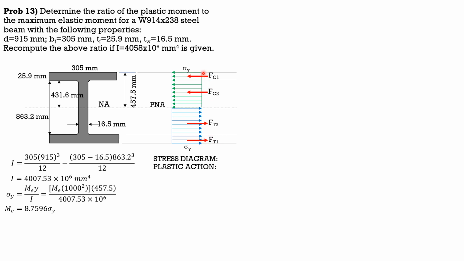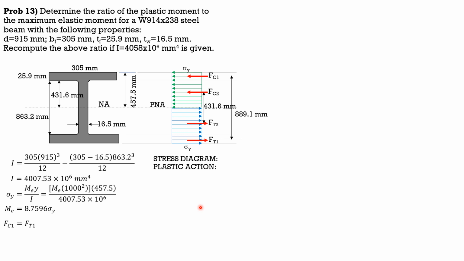So the moment arm between FC1 and FT1, because they are equal, is overall depth 915 minus half of 25.9 minus half of 25.9, or simply 915 minus 25.9. So that would be 889.1. While the distance between FC2 and FT2 is half of 41.6, half of 41.6, so simply 41.6 mm.